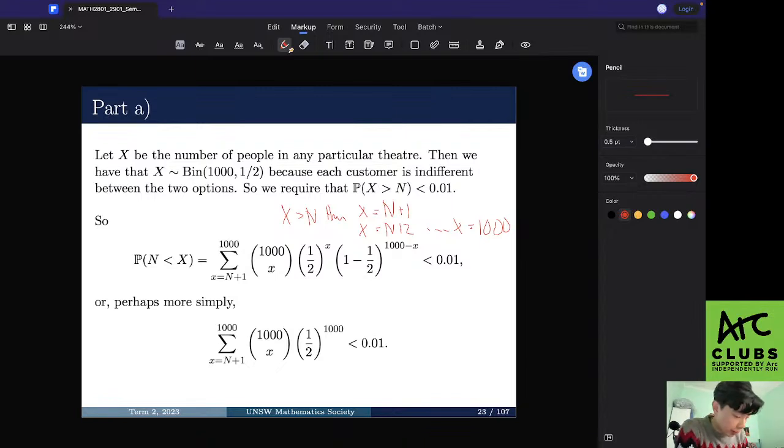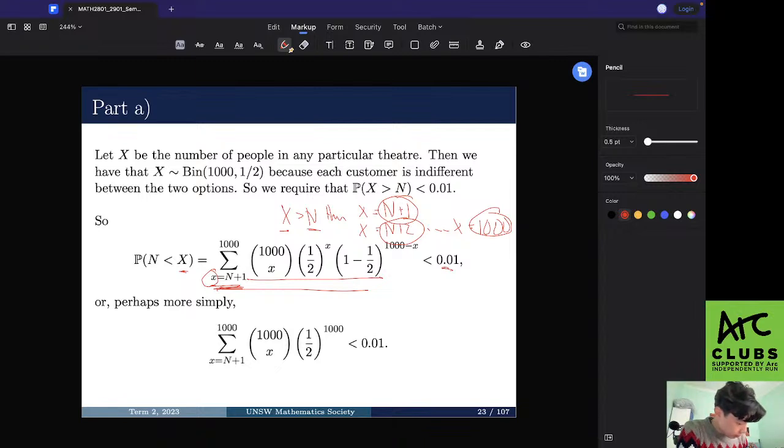We've calculated that for some value of x, this is the probability that our capacity is going to be equal to this x value, right? We're calculating this for n plus 1, n plus 2, all the way to 1,000. And by summing it up, we get the probability that x is greater than n. And we want to make sure that this is less than 1%.